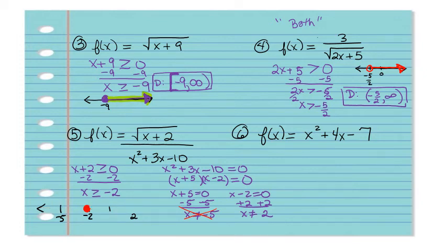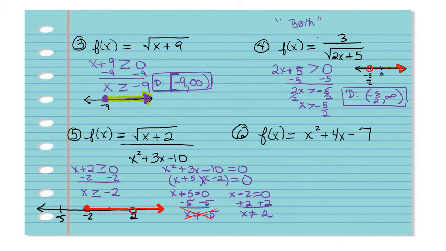Oh, didn't mean to do that. Let's try again. I have a hole here. And so that would be what my number line would look like for my domain. X can't equal negative 5, but it can't equal negative 5 for the numerator either.